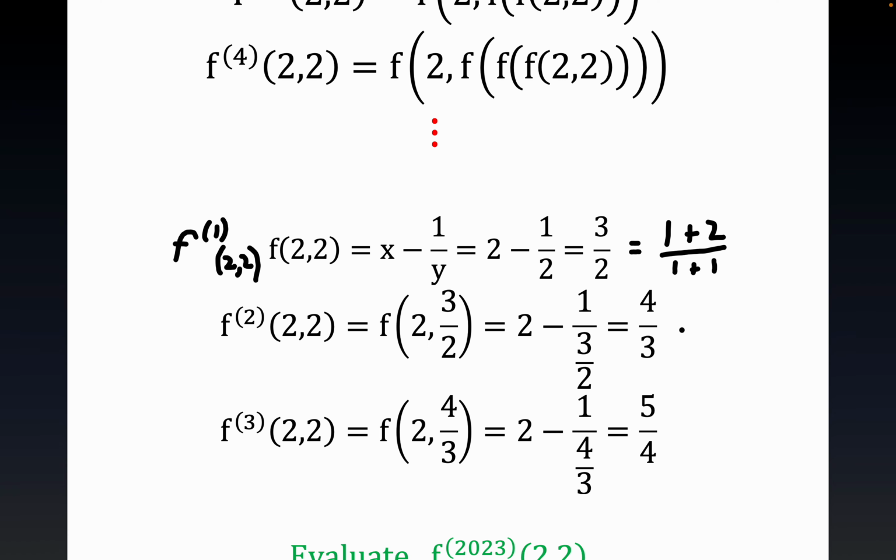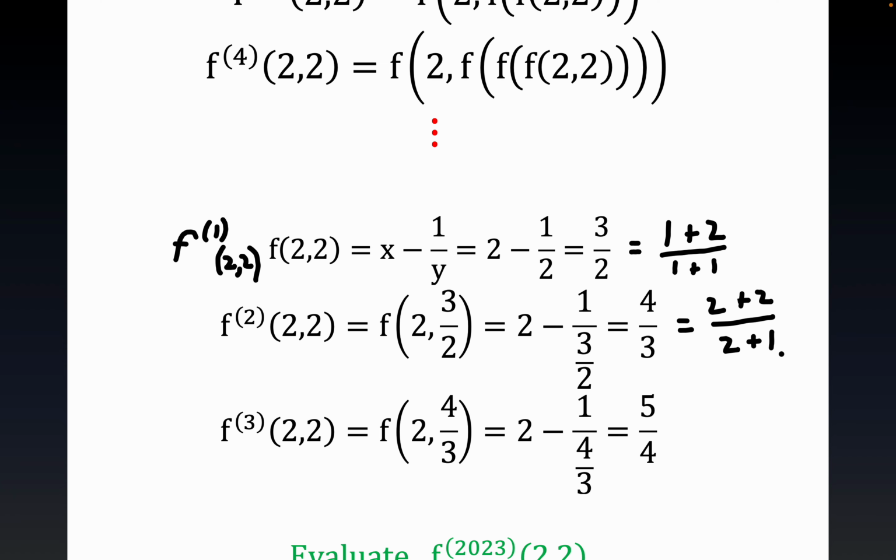But right here, this is equal to (2 plus 2) over (2 plus 1). Right? So that's kind of cool. And the very same thing happens down here. I won't write it down because I think it's very clear what the pattern is.